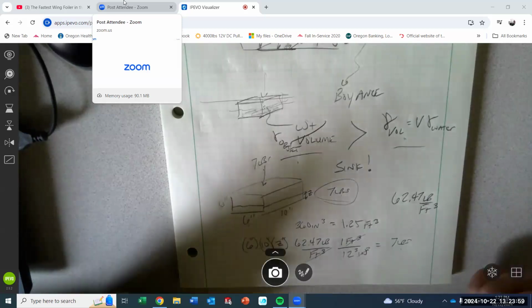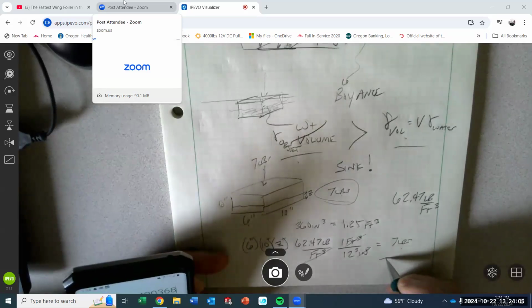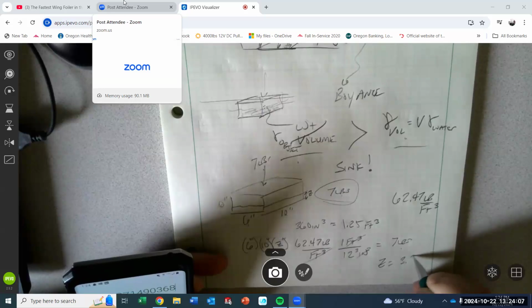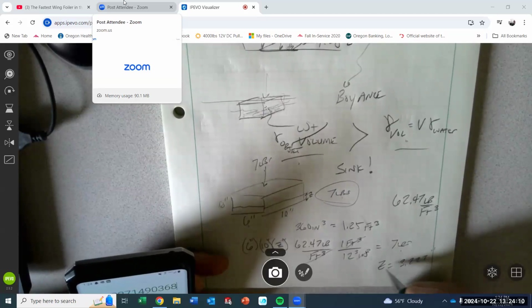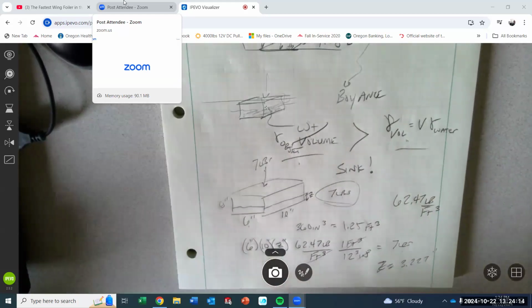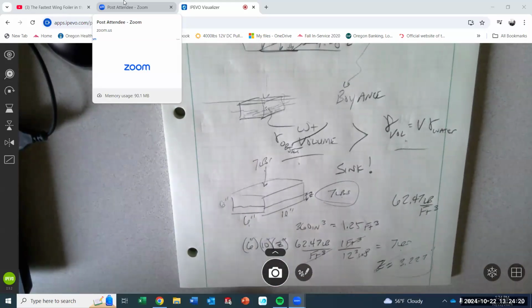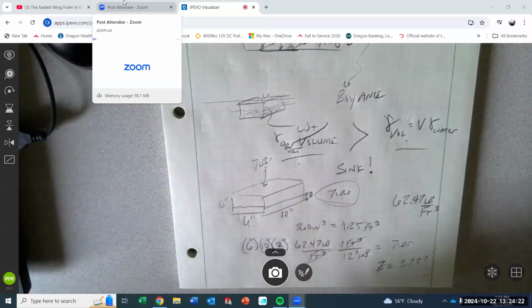It looks like 3.227. So Z equals 3.227 inches. So it's further up than I thought, right? It's almost halfway up the 6 inches. So that's how you do water line.